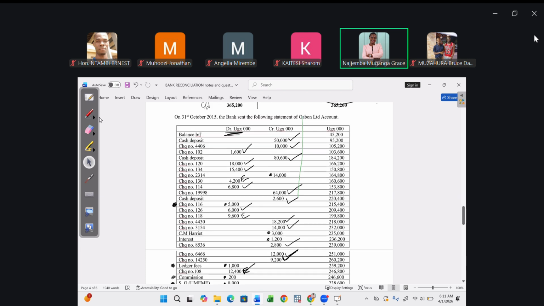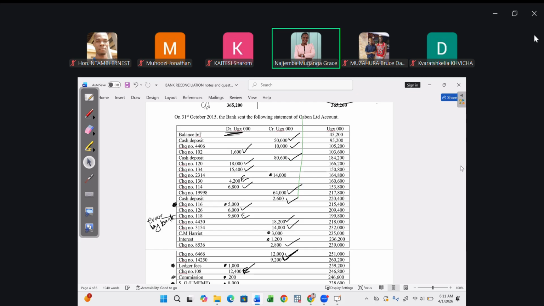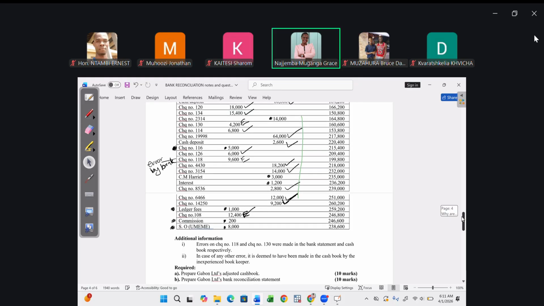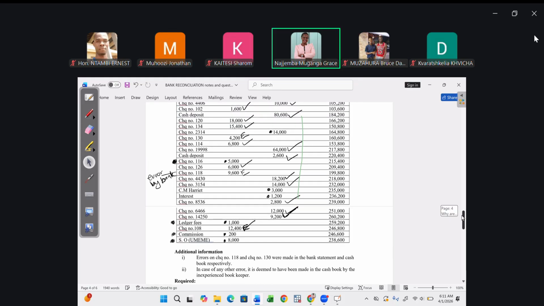Come and indicate that this 118 is an error by the bank. So you will be correcting it relating to the right figure that was posted in the cash book. Then check number 130 was made in the cash book.